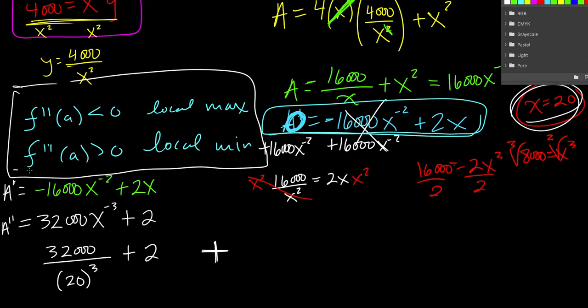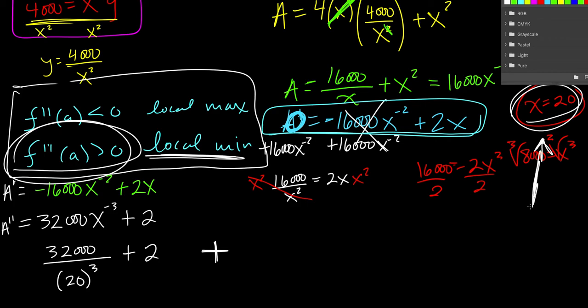And so since it's greater than 0, we do know that it's a local min. And so we do know that this is going to be our minimum optimization. Okay, so that's good. So we know that if we use x equals 20, that will give us the least amount of surface area.